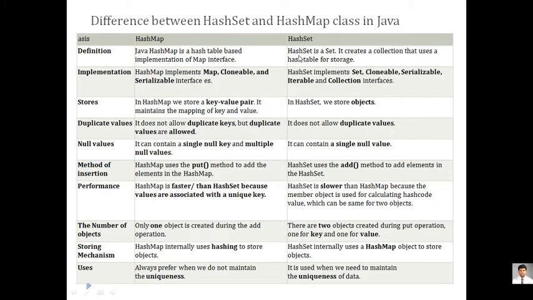Whereas a hash set is a set; it creates a collection that uses a hash table for storage. Here it will be stored in the format of a hash table, but here another mechanism, that is mapping, will be done. Mapping means connecting one node with another node.